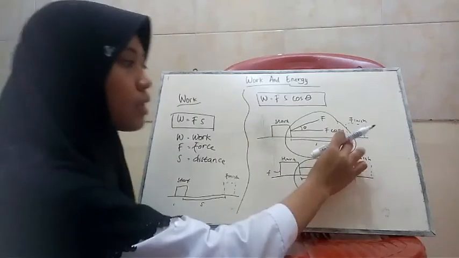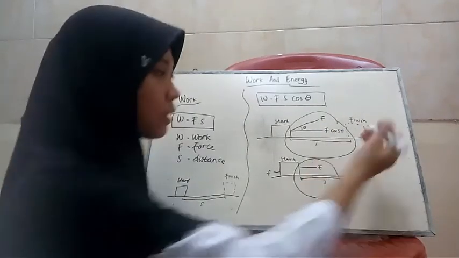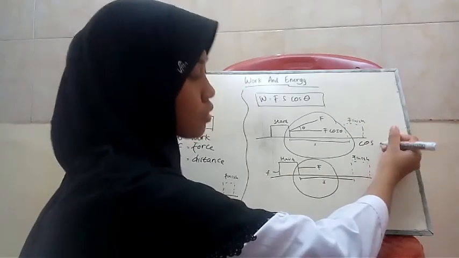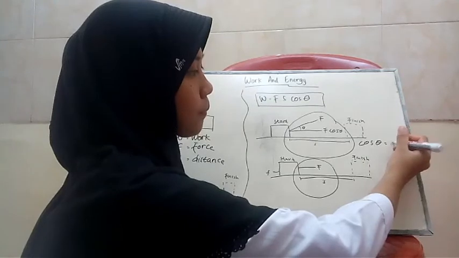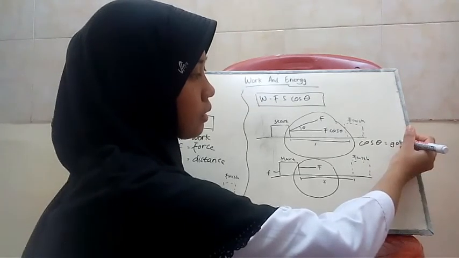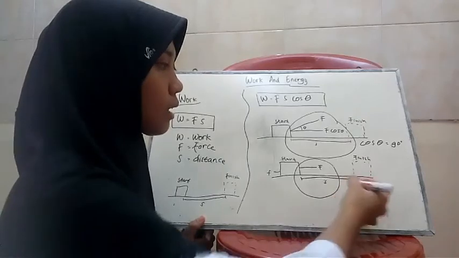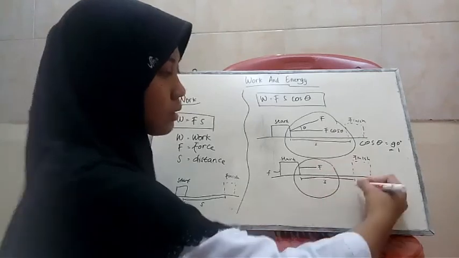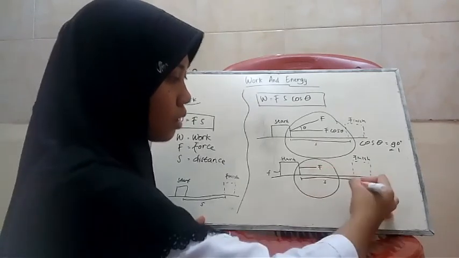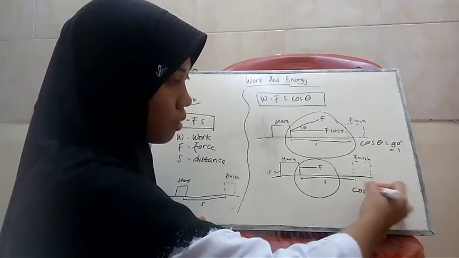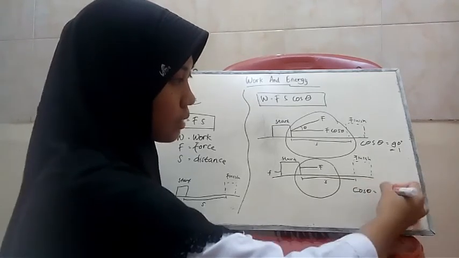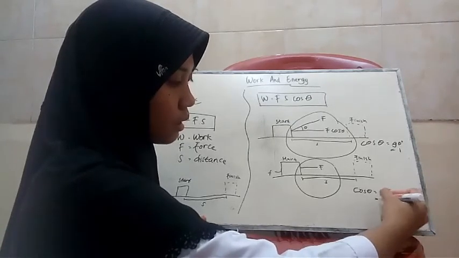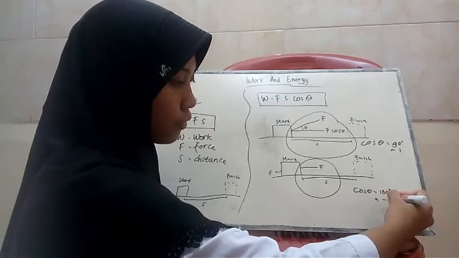So in here we must use cos theta is 90 and equals 1. In here nothing cos, so in here cos theta is 180, so in here it is negative 1.